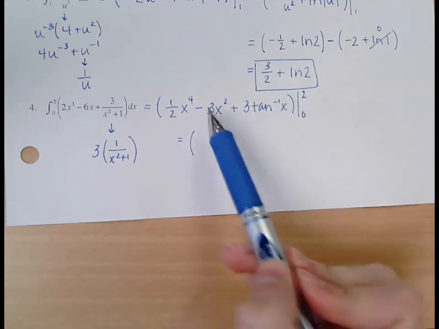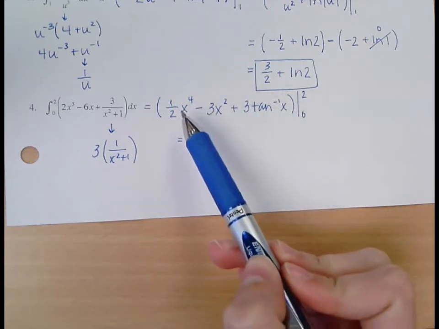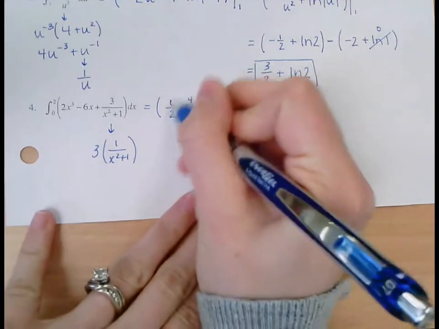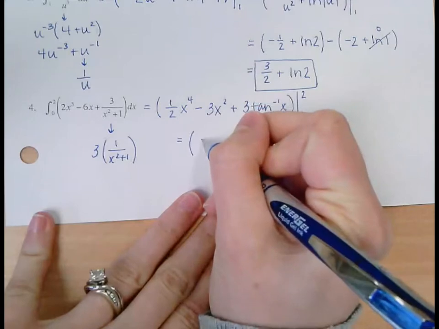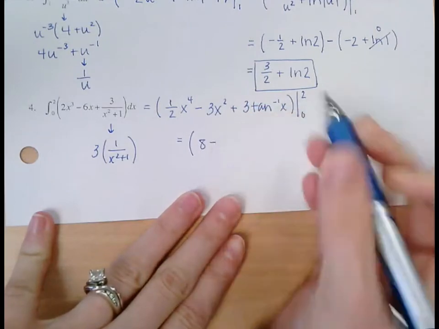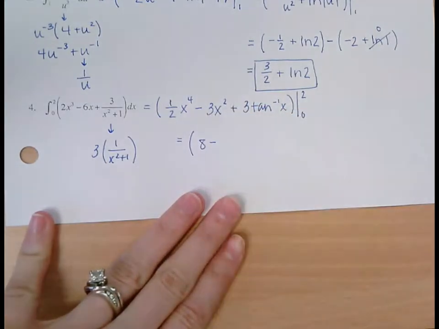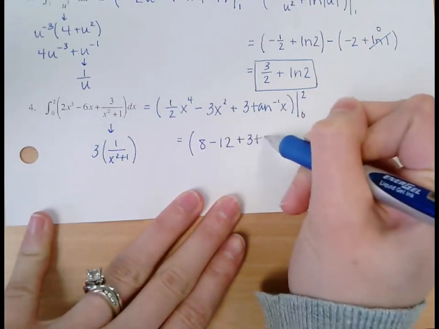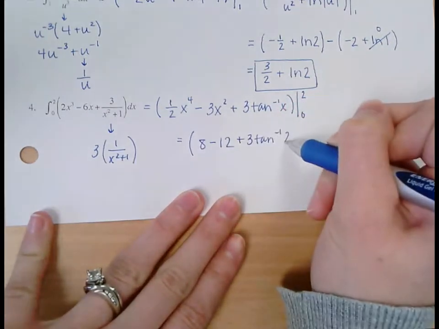So let's see, 2 to the 4th power is 16. So this would be half times 16, so 8, minus 3 times 2 squared, which is 3 times 4, so 12, and then I'd have plus 3 inverse tangent of 2.